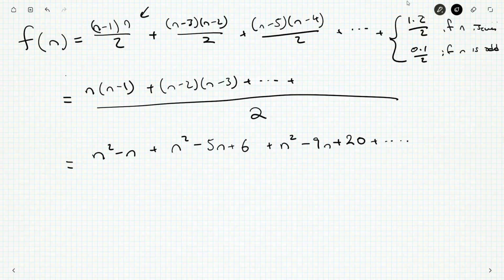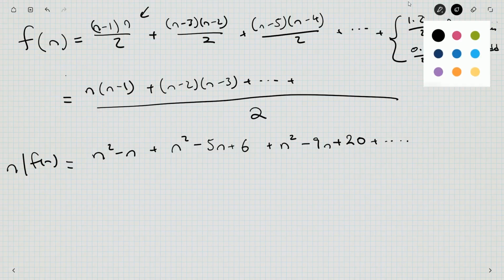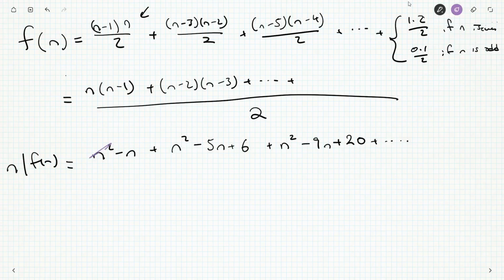So how many n squareds will I have? Oh, okay. So n will divide Fn, so I don't need to worry about the n squareds. They don't matter, because of course they're divisible by n. I don't need to worry about the minus n's. They don't matter. So it's these numbers 0, 6, 20.